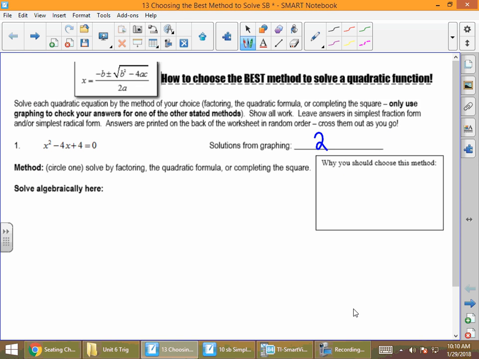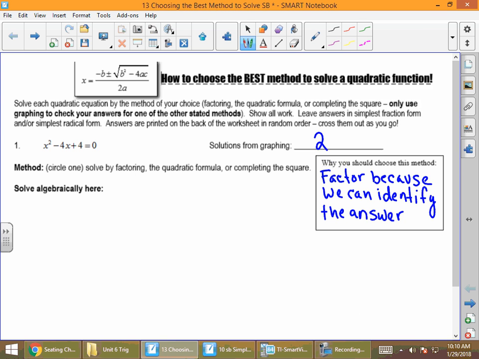And I know I went rather quickly, but because we can identify our answer from our picture on the screen, then what I would put here is that I would choose to factor because we can identify the answer from the calculator.